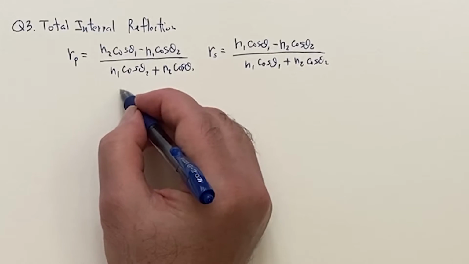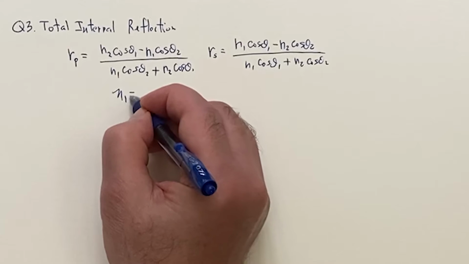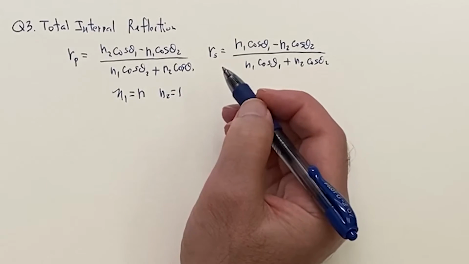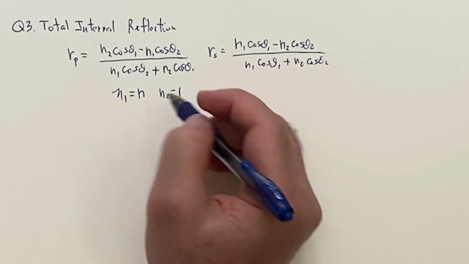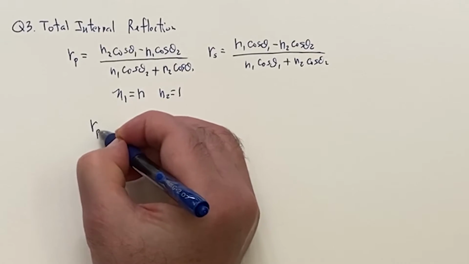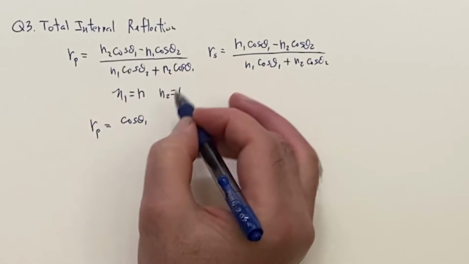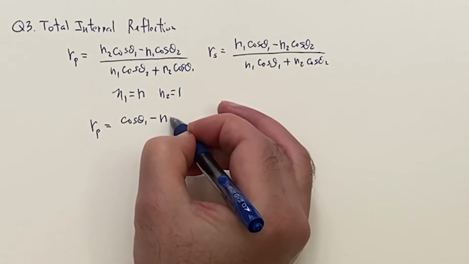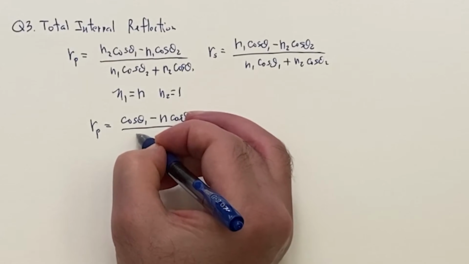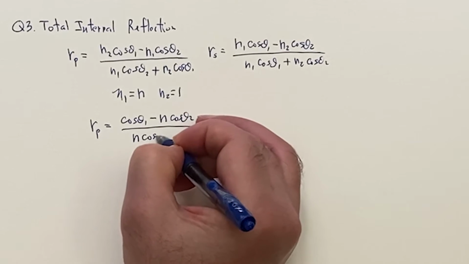And we want to go from, let's see, in this case, from glass to air, or water to air, it doesn't matter. So n can stand for water or glass. So then, for the parallel case, you get cosine theta, n2 is 1, and this is n cosine theta 2. And then here we're going to have n cosine theta 2.